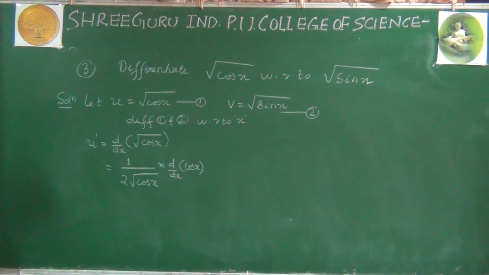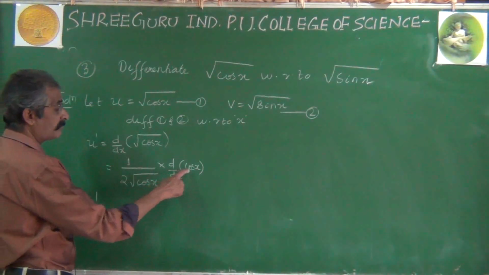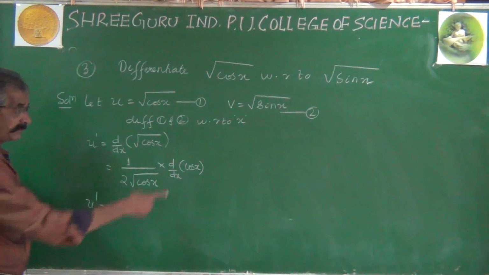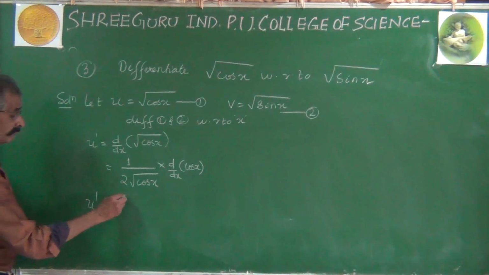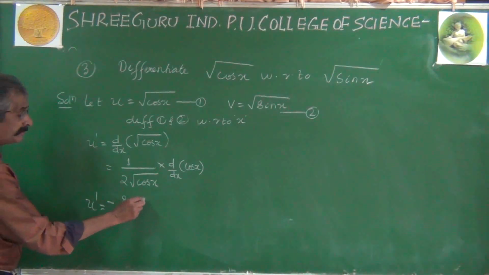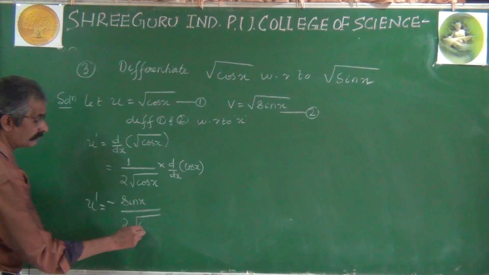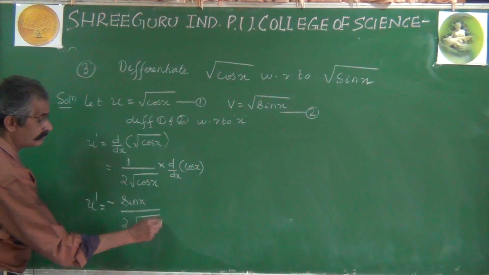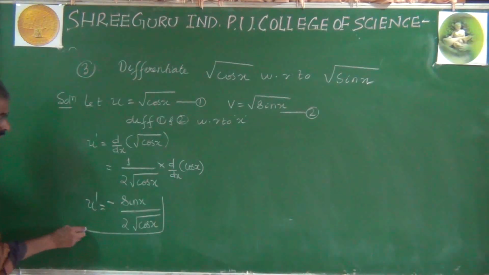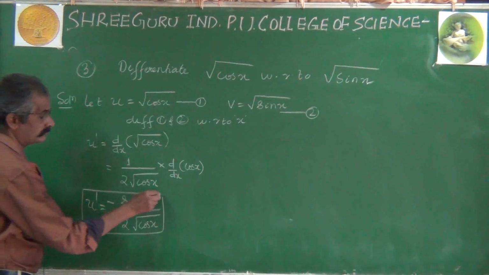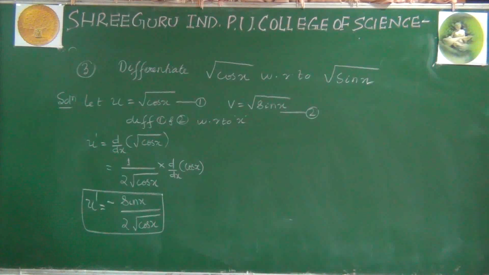We know that the differentiation of cos x is minus sin x. The overall result becomes minus sin x divided by 2 root of cos x. This is u dash.